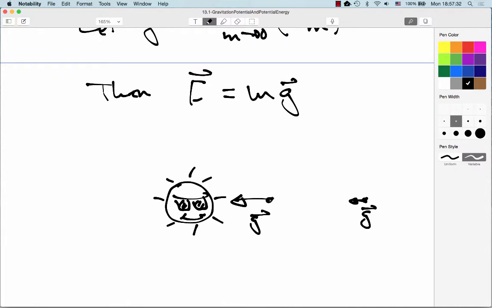And that would just tell me if I put a mass here, it'll feel a gravitational force this way. If I have doubled the mass, it'll be double the force, and so forth. Then say if I was over here, as long as I'm the same distance away, the intensity would be the same. Like so.